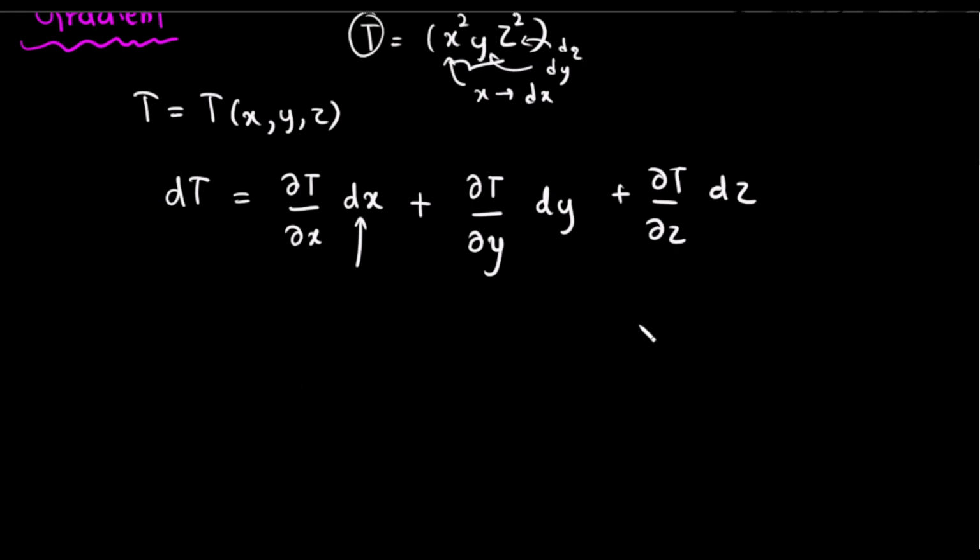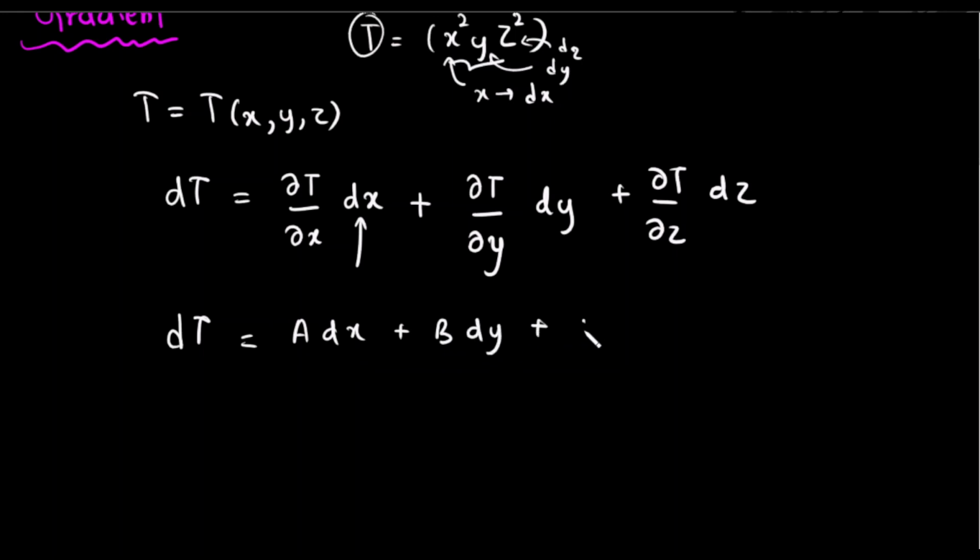If you don't know how to write it this way, I will show it to you. This dt can be written in terms of dx, dy, and dz, because these are the variables.